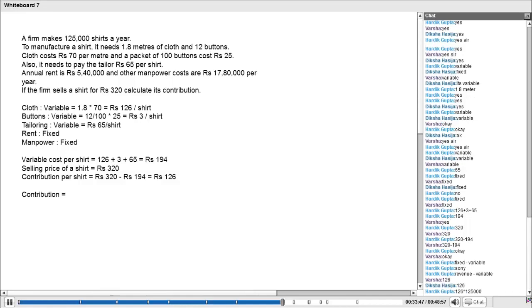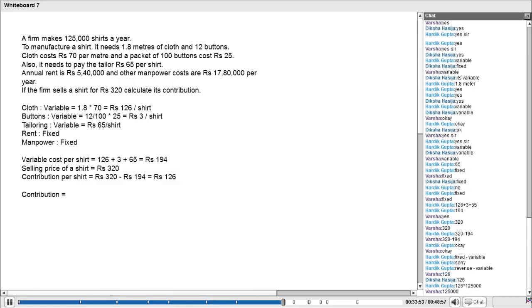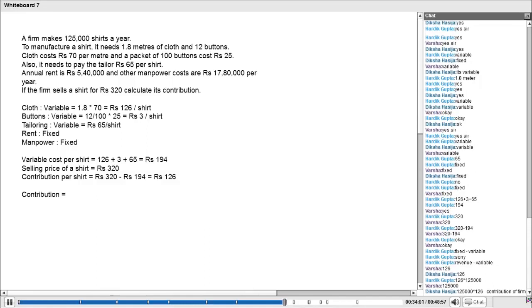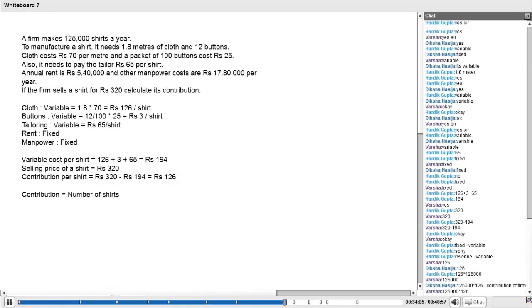How many shirts did the firm make in a year? So what would be total contribution? It is number of shirts into contribution per shirt. Now this is the case because we have accounted for all the variable costs in the shirt.